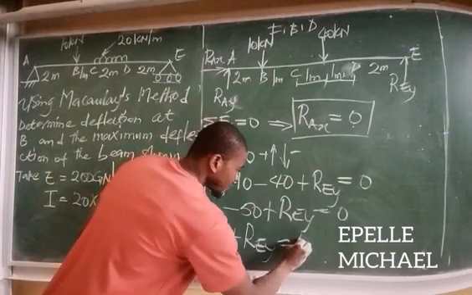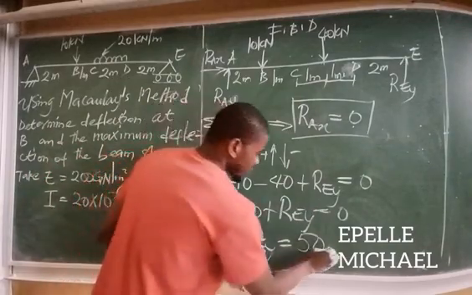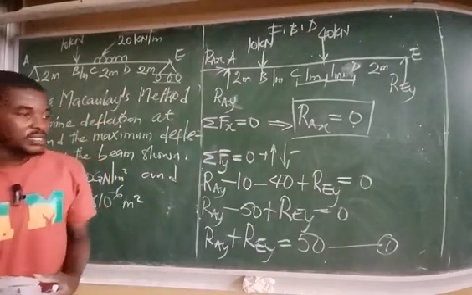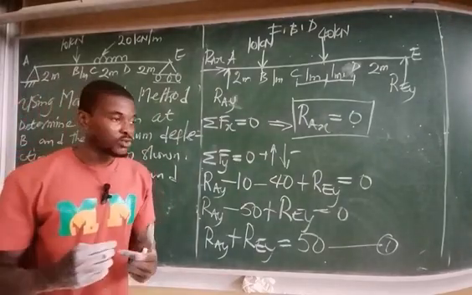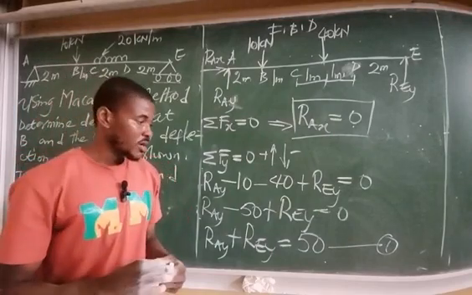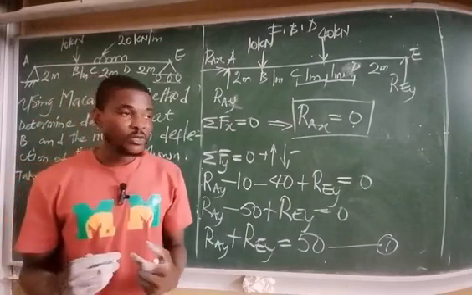Let's call this equation 1. Of course, equation 1 is a single equation having two unknowns, which makes it impossible for us to solve. So, like I always say, at this point, you simply what?